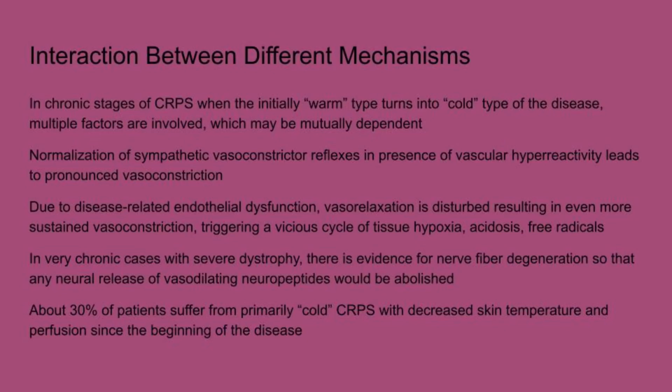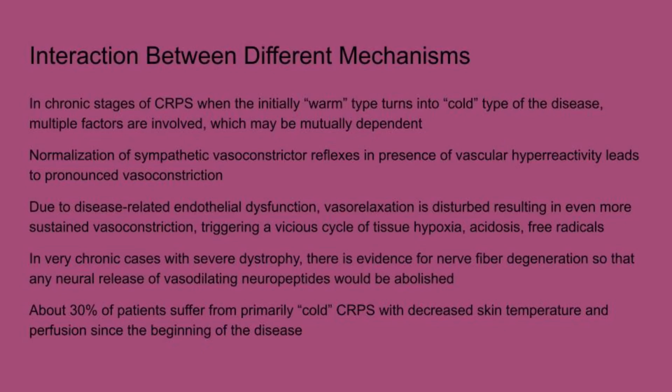Normalization of sympathetic vasoconstrictor reflexes in the presence of vascular hyperreactivity leads to pronounced vasoconstriction. Due to disease-related endothelial dysfunction, vasorelaxation is disturbed, resulting in even more sustained vasoconstriction, triggering a vicious cycle of tissue hypoxia, acidosis, and production of free radicals.